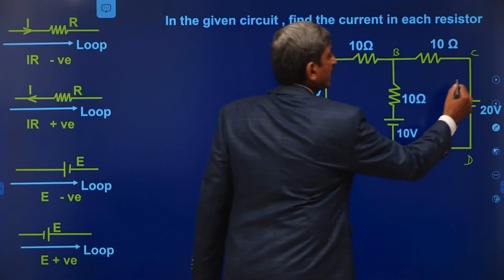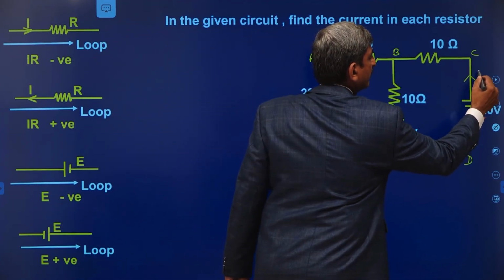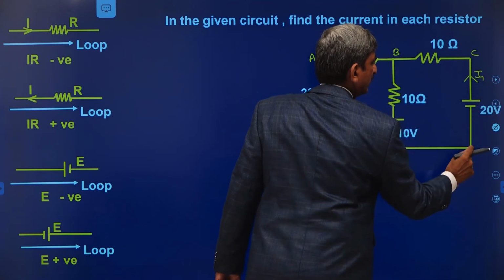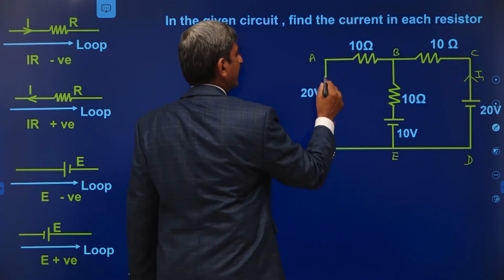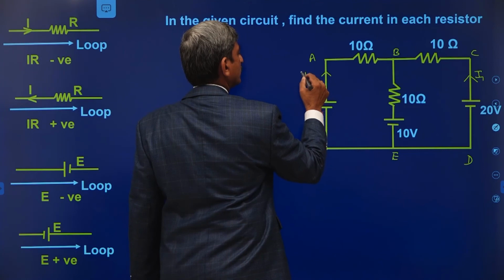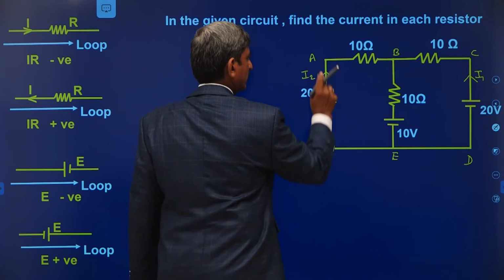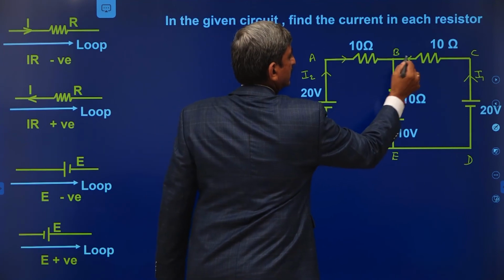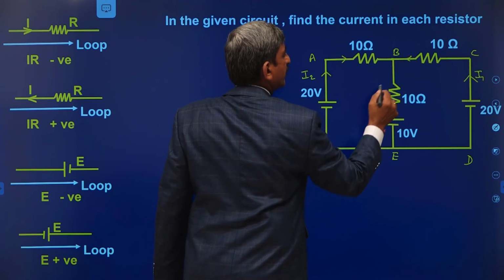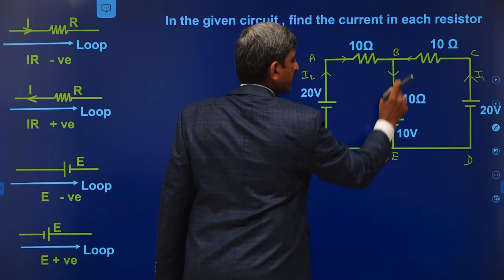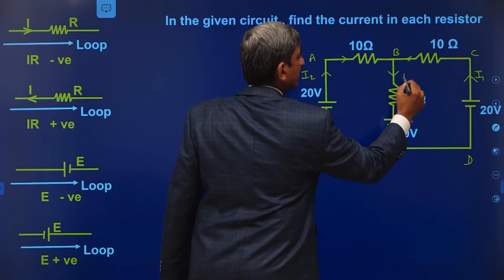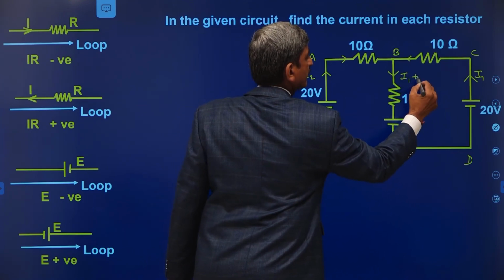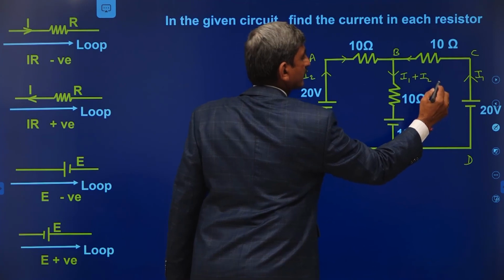Now here I assume the current I1 from D to A, and I assume the current I2 from F to A. These two currents are meeting at point B, and in this BE branch the current is I1 plus I2.